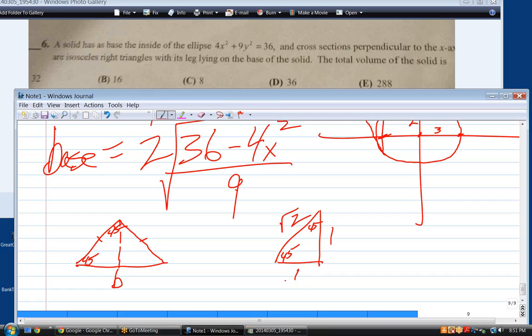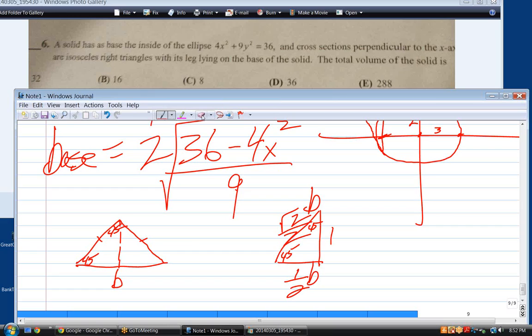And in this case, that's 1/2 the base. So this would be square root of 2 over 2 times the base. So then it's that over 2. Well, it's that times square root of 2 over 2.